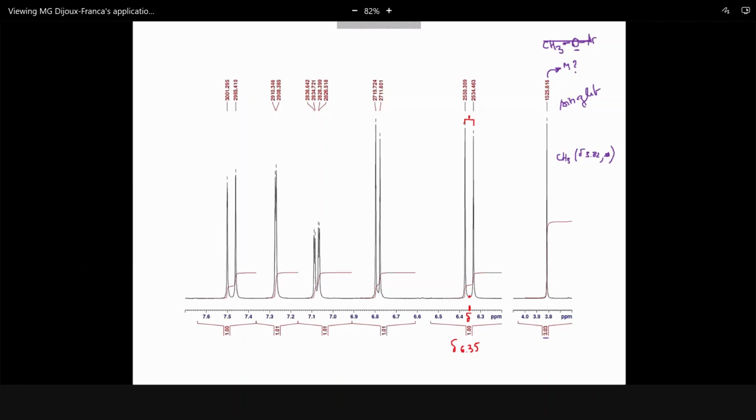And so it's a doublet. Can you calculate the coupling constant, please? So this is nu1 and nu2. Remember, here you have the value in hertz. So can you calculate the coupling constant, please?